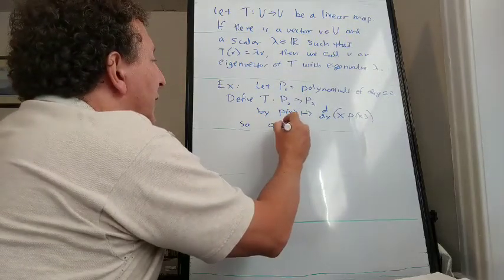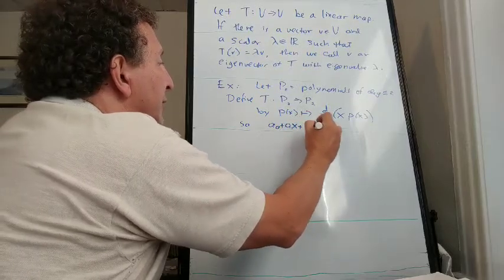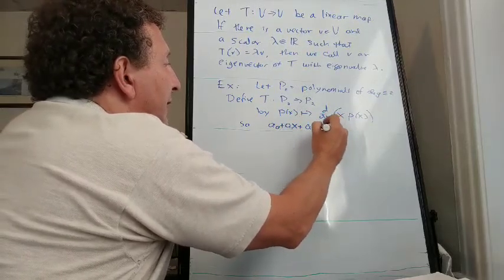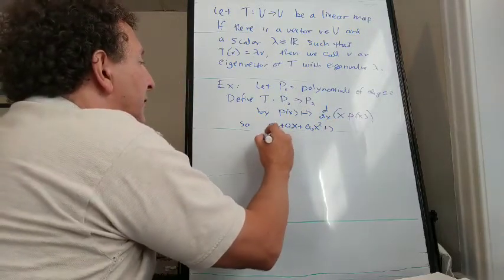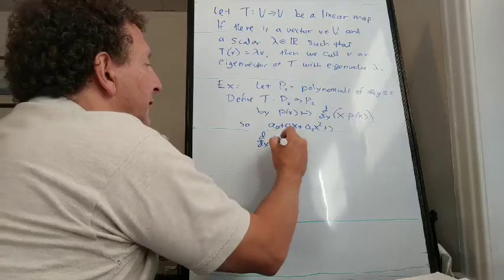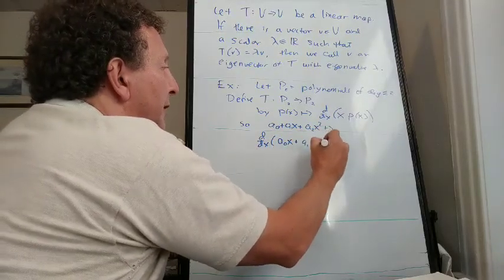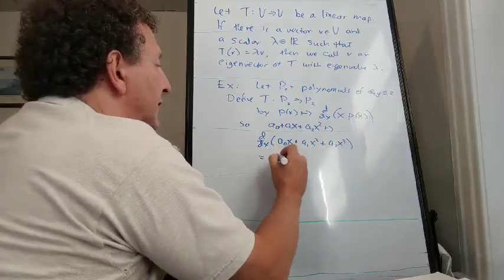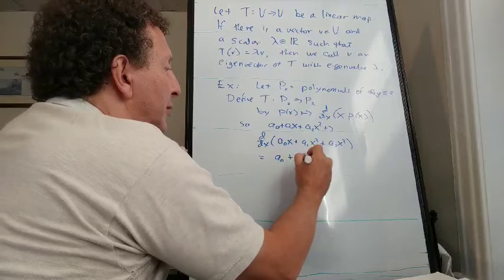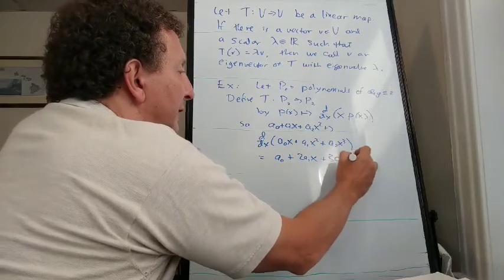So a0 plus a1x plus a2x squared gets mapped to the derivative of a0x plus a1x squared plus a2x cubed, which is a0 plus 2a1x plus 3a2x squared.